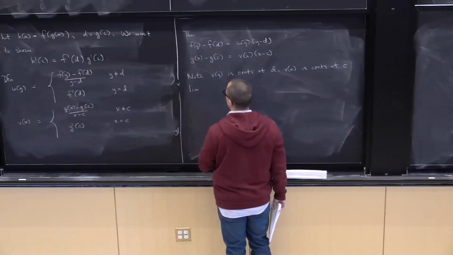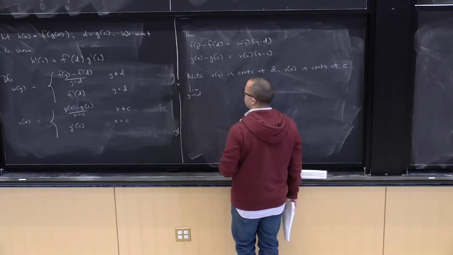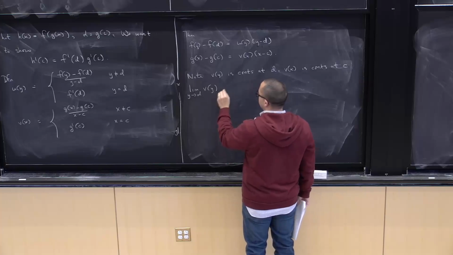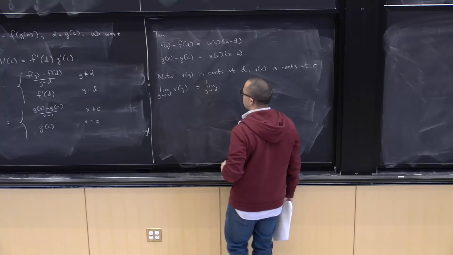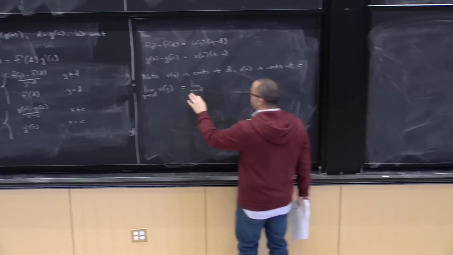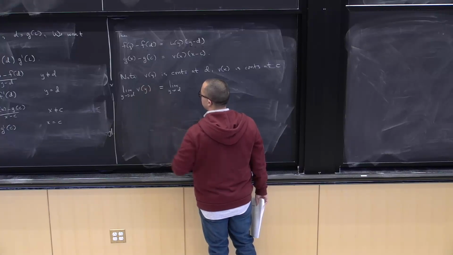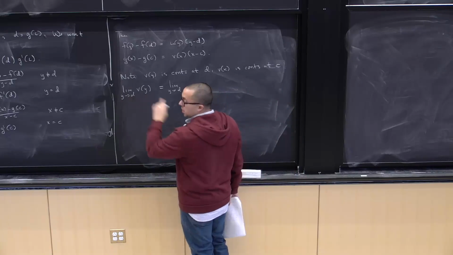We just need to show that the limit as y goes to d of u of y equals u of d. So we compute the limit as y goes to d of u of y. Now, when we look at limits, remember, we're not allowed to put y equals d in the expression for this limit. We're always looking at points y close to d but not equal to d.